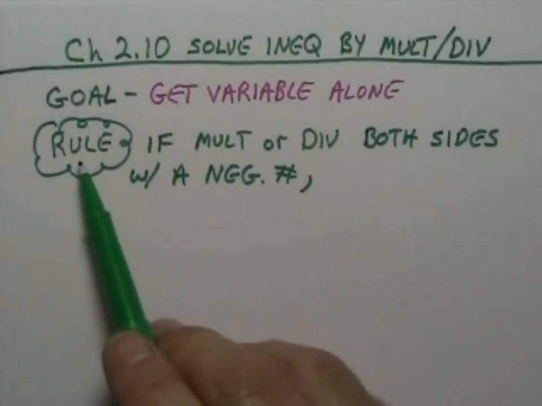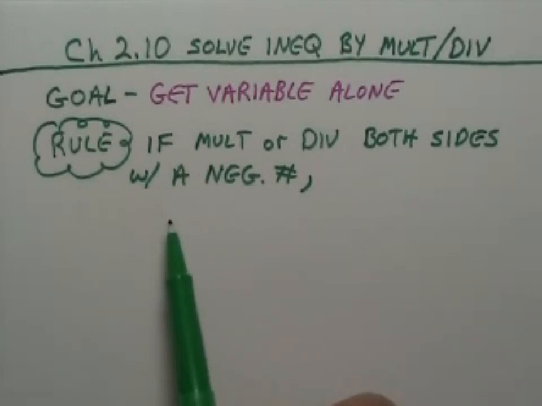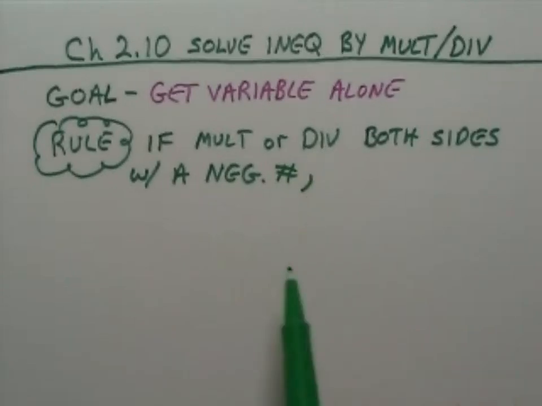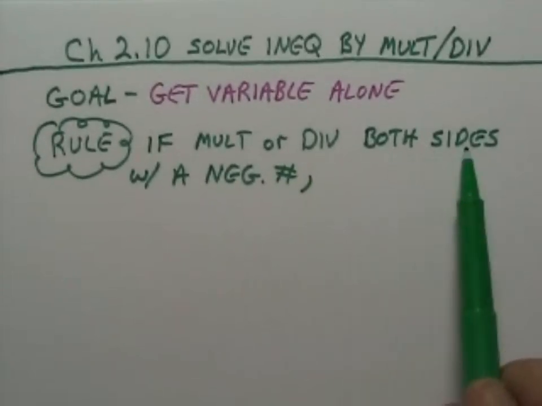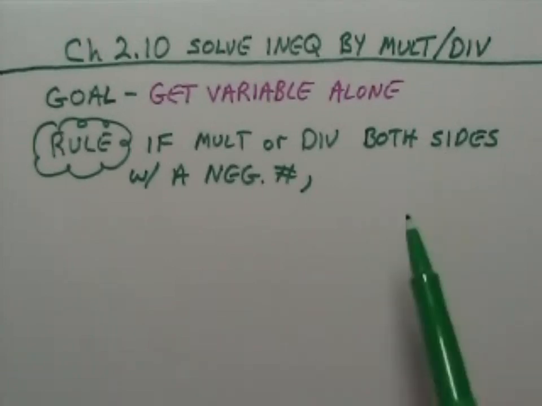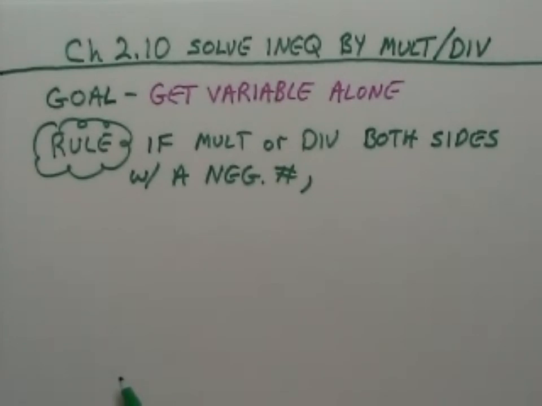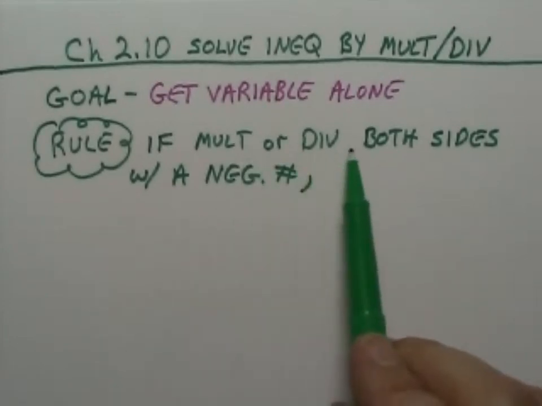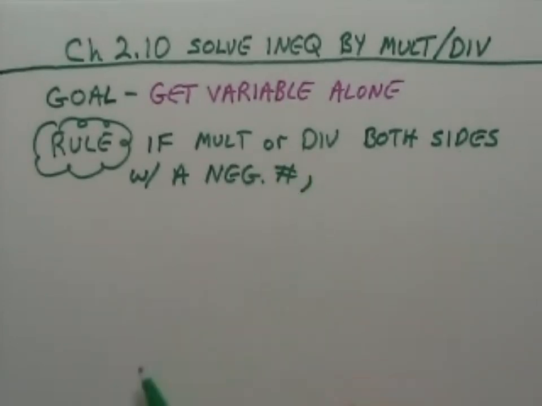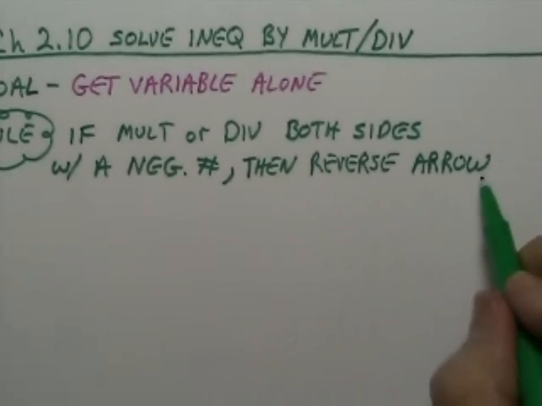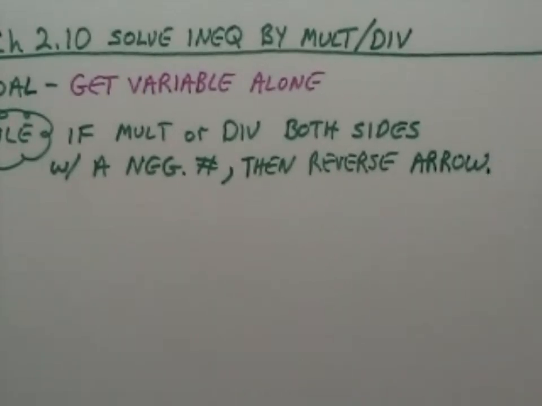Okay, so let's write this rule down so that we have it for future reference. If you multiply or divide both sides with a negative number, then reverse the arrow.